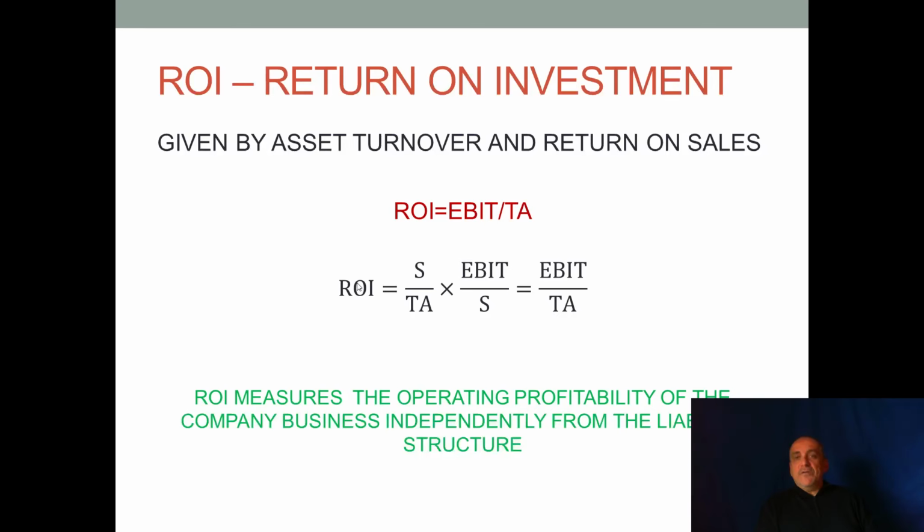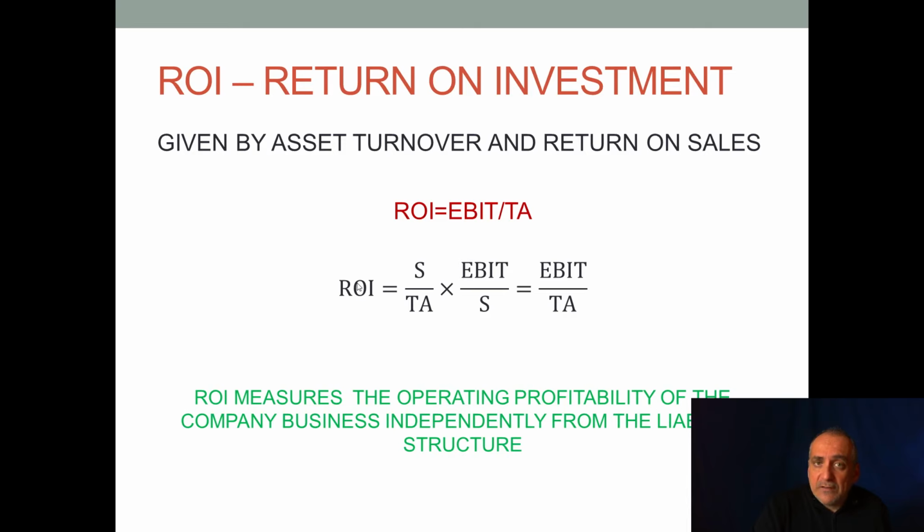So return on investment: we have operating profits over total assets. Why is this important? Because operating profits are not influenced by the liability structure. So operating profits are not affected by the amount of interest expenses that the company is paying. Let's say you are comparing two competitors.